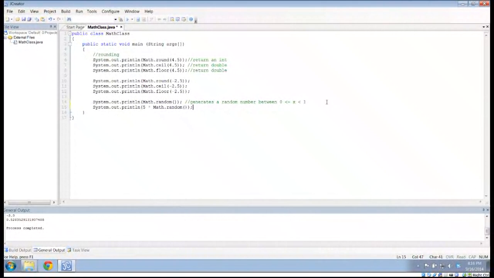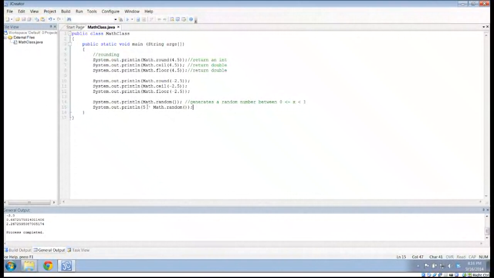And so what that will do is that will force it to be a number between 0 and 5. Notice I've got 2.46. If I run this again, then I've got 4.659. If I run it a third time, then I've got 2.267.